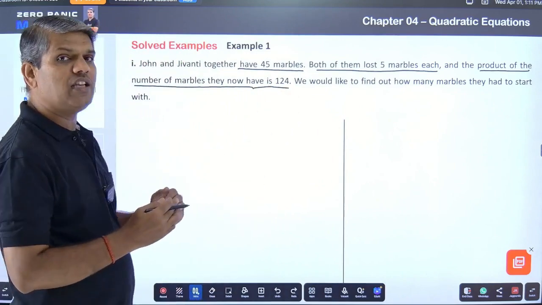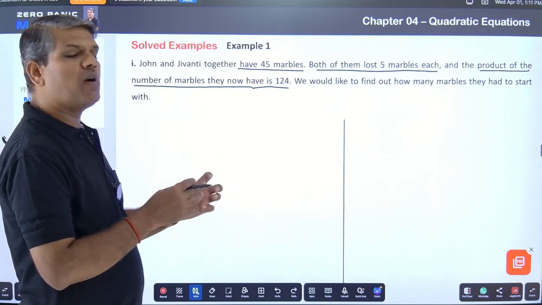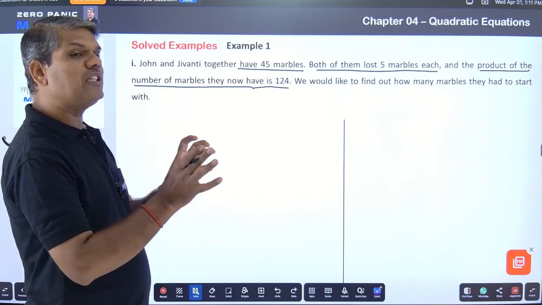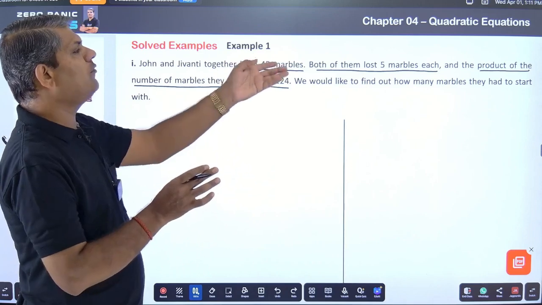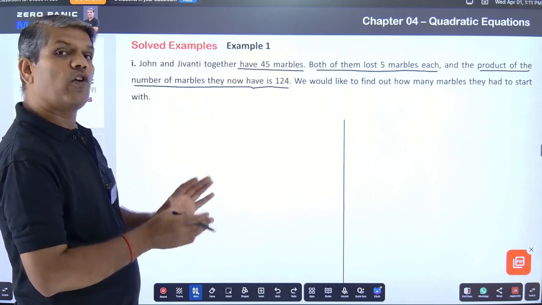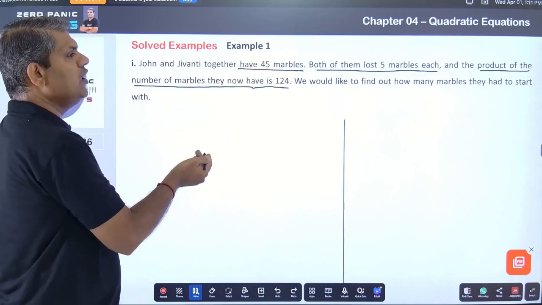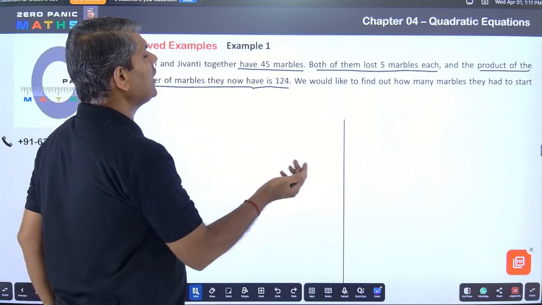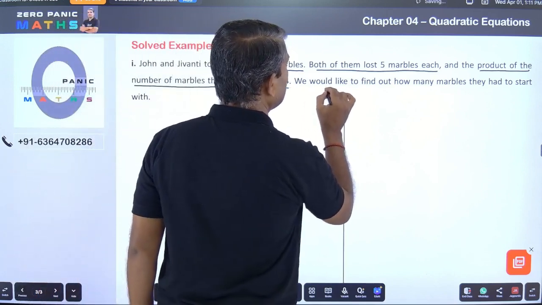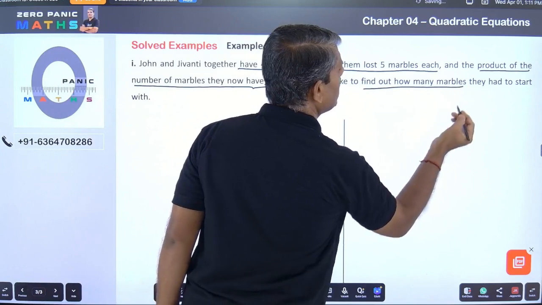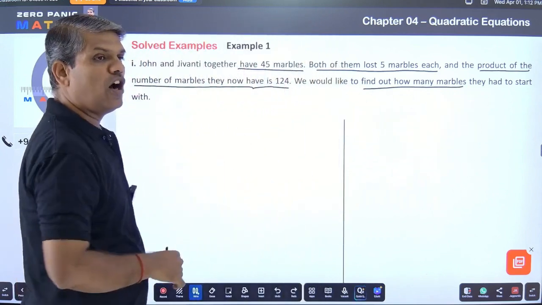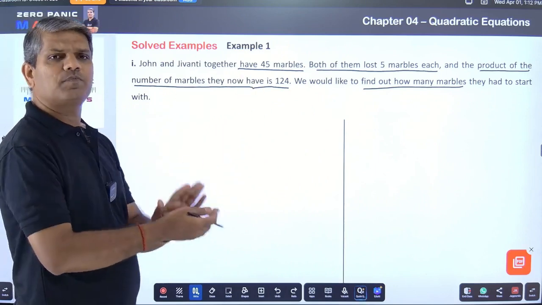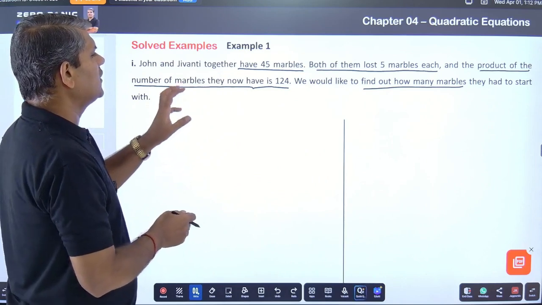Now have means after losing 5 marbles each. The product after losing 5 marbles each will become 124. I will depict this in equation format and you will easily understand that. What exactly is asked? We would like to find out how many marbles they had initially, so that this situation is satisfied.